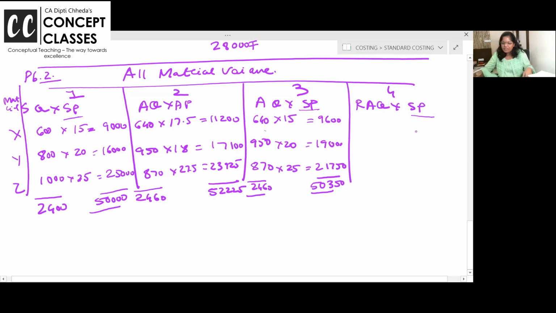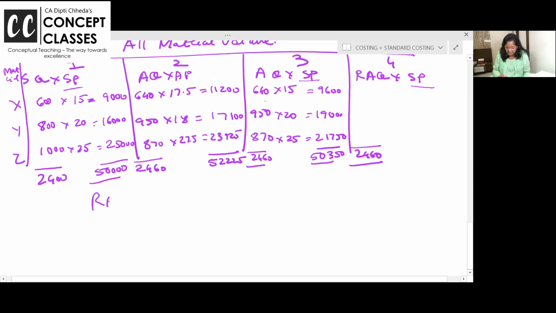Revised actual quantity, we will calculate. How much is your actual quantity? 2460 and standard is 2400. Actual is 2460. Can you take it in the ratio of RAQ? To see how it came, make a statement. RAQ X Y Z, 2460.